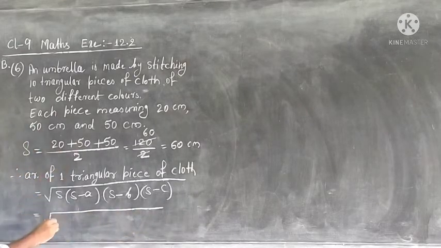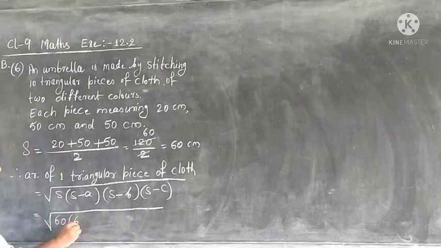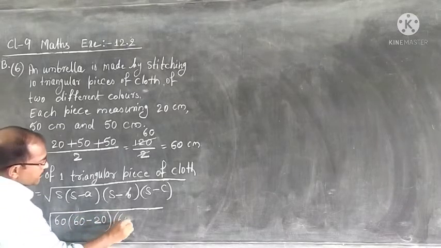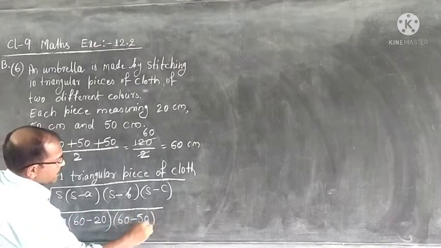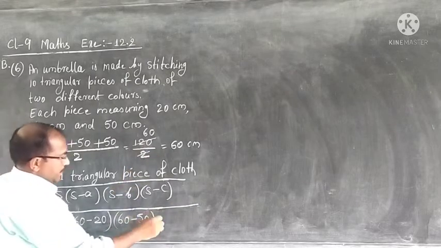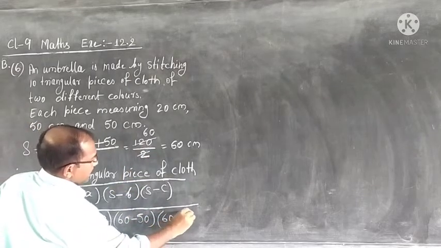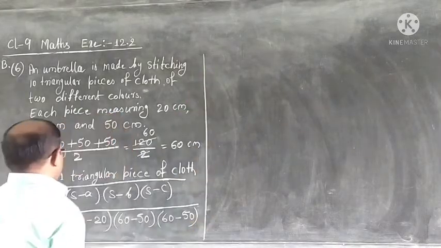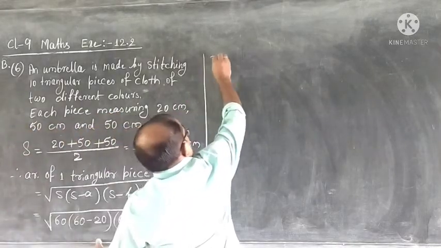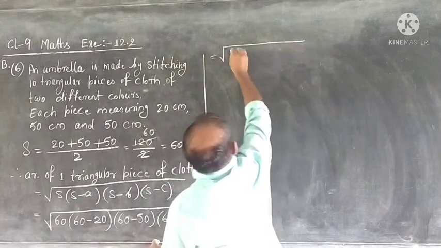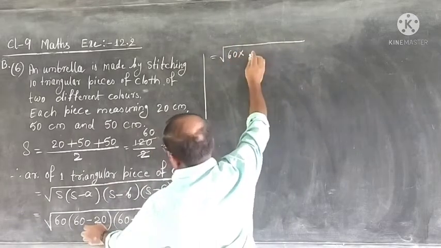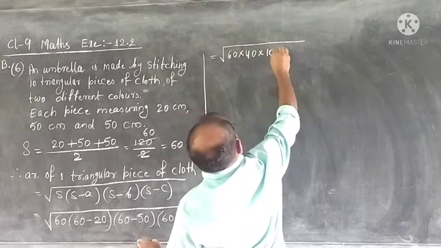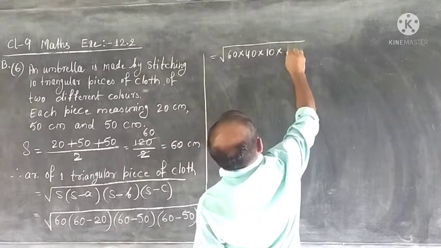Semi perimeter 60 we have got, 60 minus first side 20, 60 minus 50, and the third side is also 60 minus 50. Let us continue calculating it. 60 minus 20 is 40, 60 minus 50 is 10, again 60 minus 50 is 10.